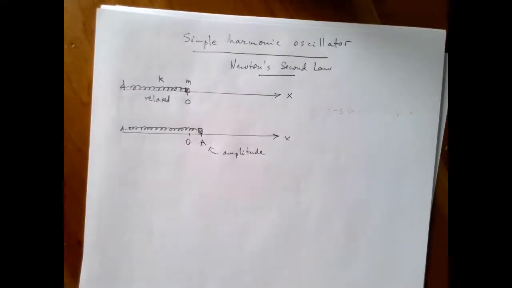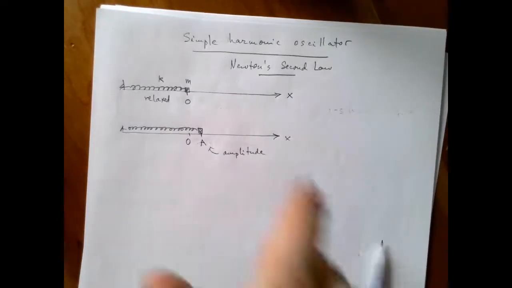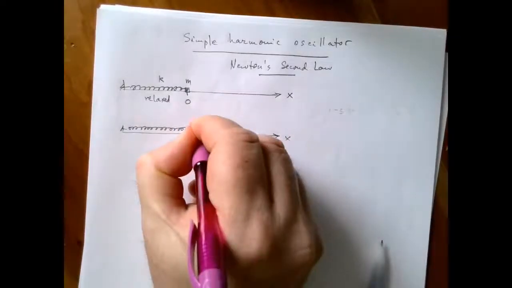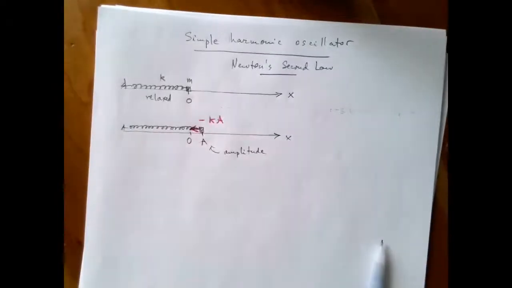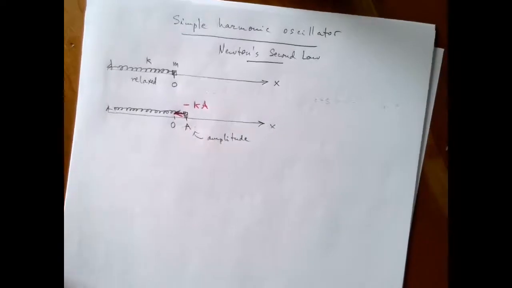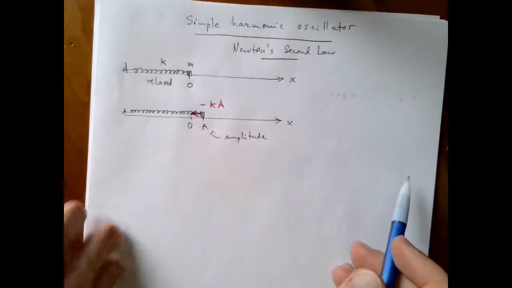At this point, there is a force in the spring, a restoring force, given by Hooke's law. The force is negative kA. If I let the object go, the object will start moving to the left.